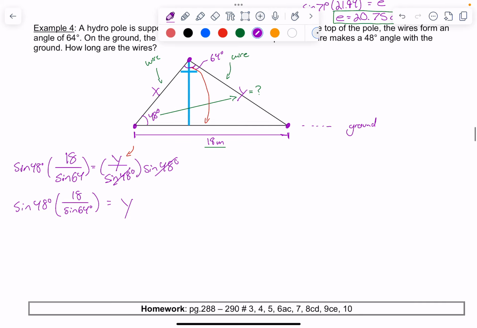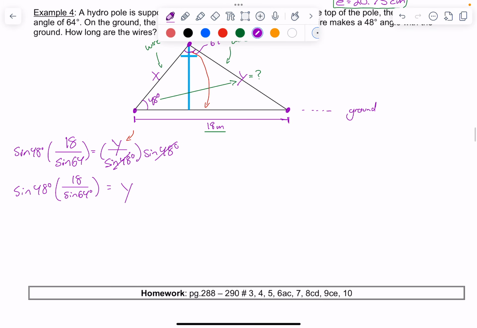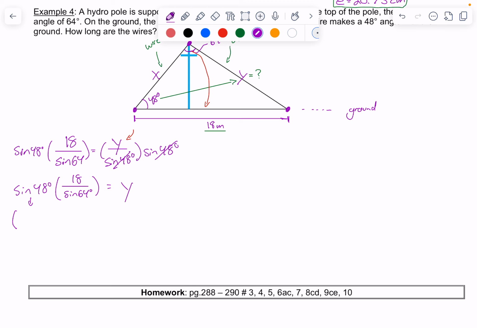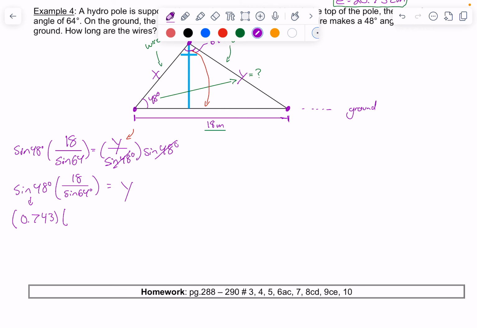It's just a calculator problem again, so I'll show this one fully. Sine 48 becomes 0.743. Sorry, that's a 4. Then 18 divided by sine 64, this bracket becomes 20.03, and that is equal to the side length y.